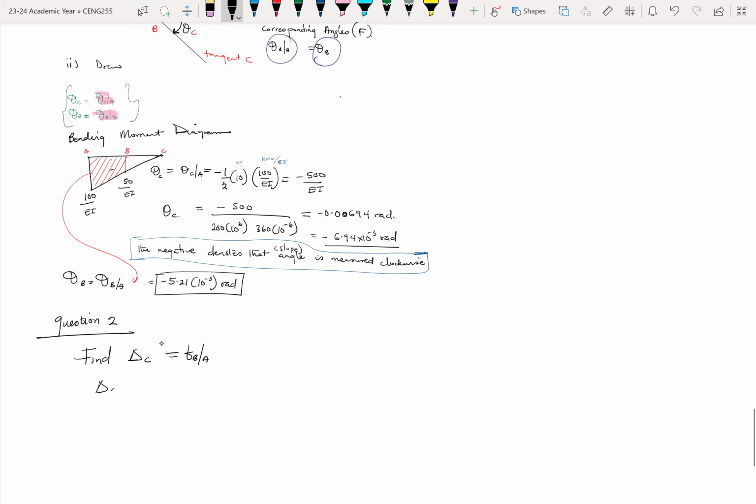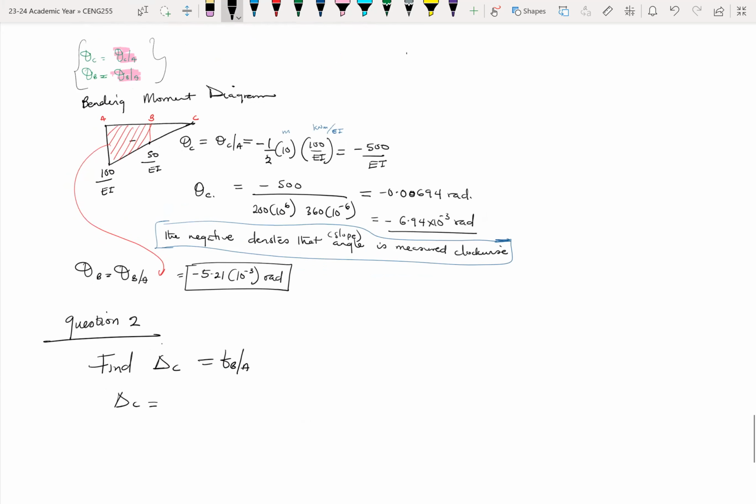Delta C is equal to the M over EI diagram times the perpendicular distance. So that is the same as the moment of the M over EI diagram. So let's find the area. So the area is pretty much the same as what we had earlier. So it's minus half times 10 times 100 over EI.